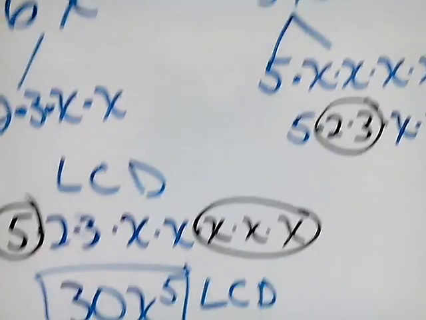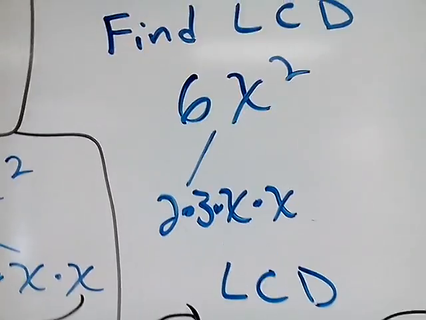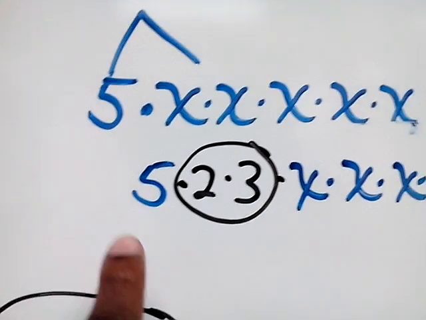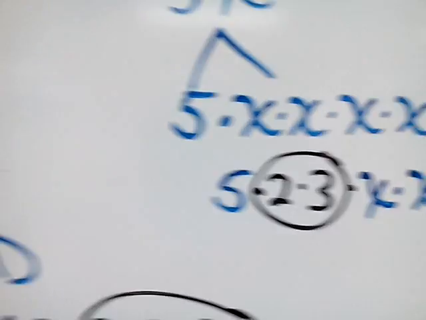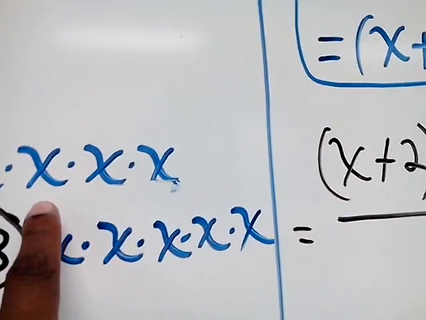Looking back at our first factors, what's missing in the 6x squared is the 5 and 3 extra x's.